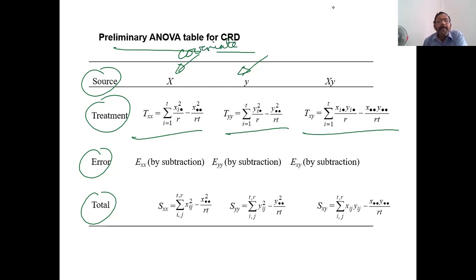What is Y then? Simple. It is normal as the other one. This is the response that you are measuring. For example, let's say here, treatment, replicate.